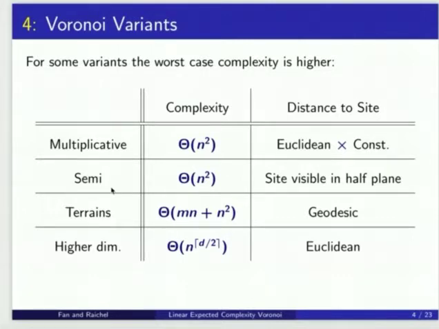For the Voronoi diagram in a polygonal domain, the complexity can still be quadratic based on the geodesic distance. For high-dimensional space, the Voronoi diagram complexity can depend on the input dimension D.